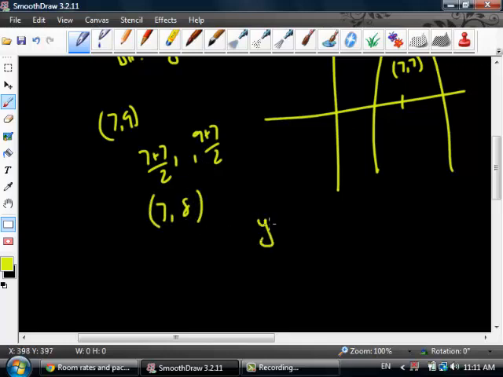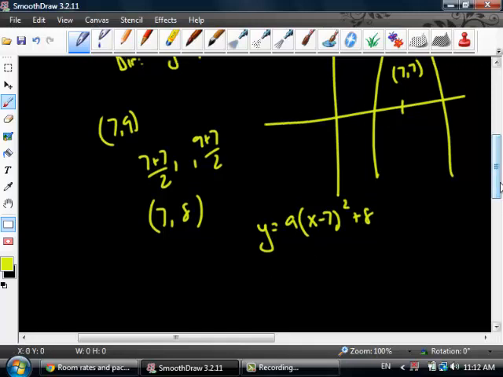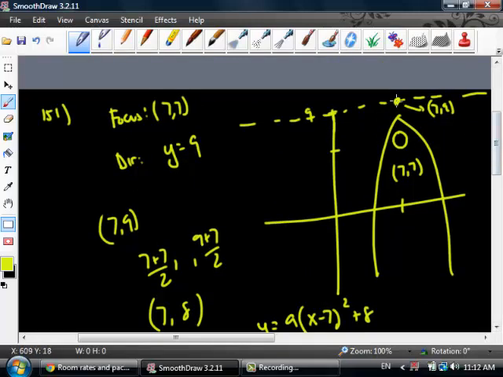This is a y equals x minus 7 squared plus 8 with an a up top. This here is 7, 8, I keep reversing it. What is the distance between 7, 8 and 7, 7? So, what is the distance there? It is 1.